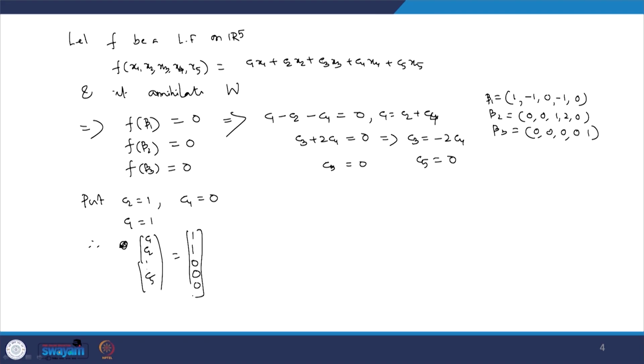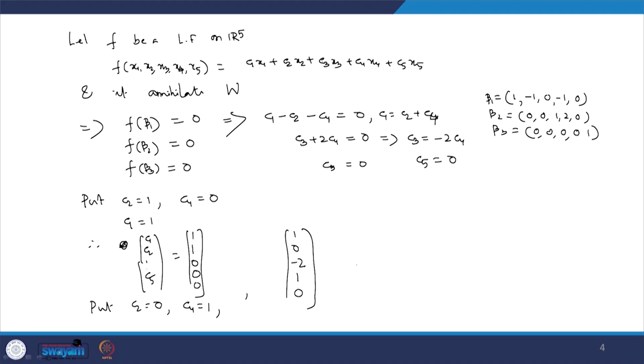This is one, and for the other, put C2 equal to 0 and C4 equal to 1. If I do like this, C1 equal to 1, C2 equal to 0, and C3 is equal to minus 2, C4 equal to 1, and C5 equal to 0.